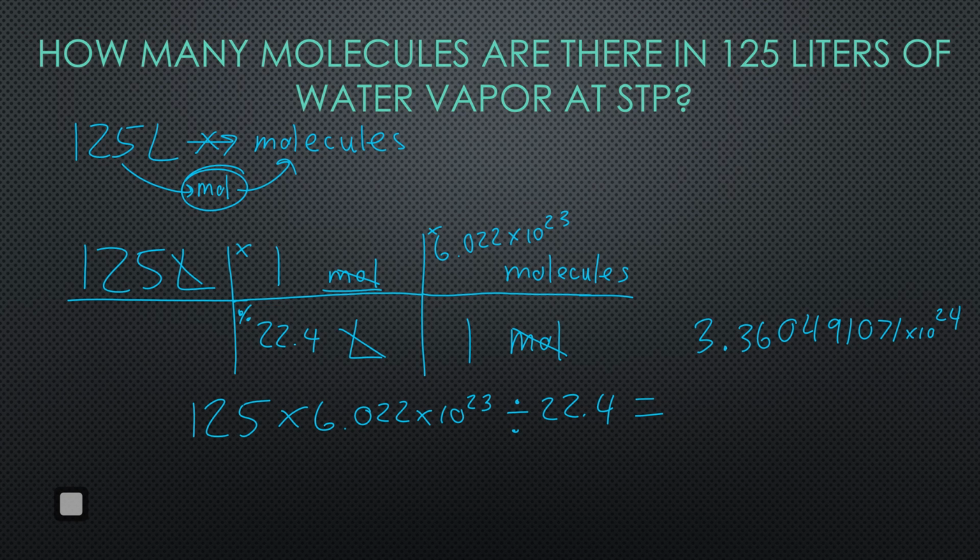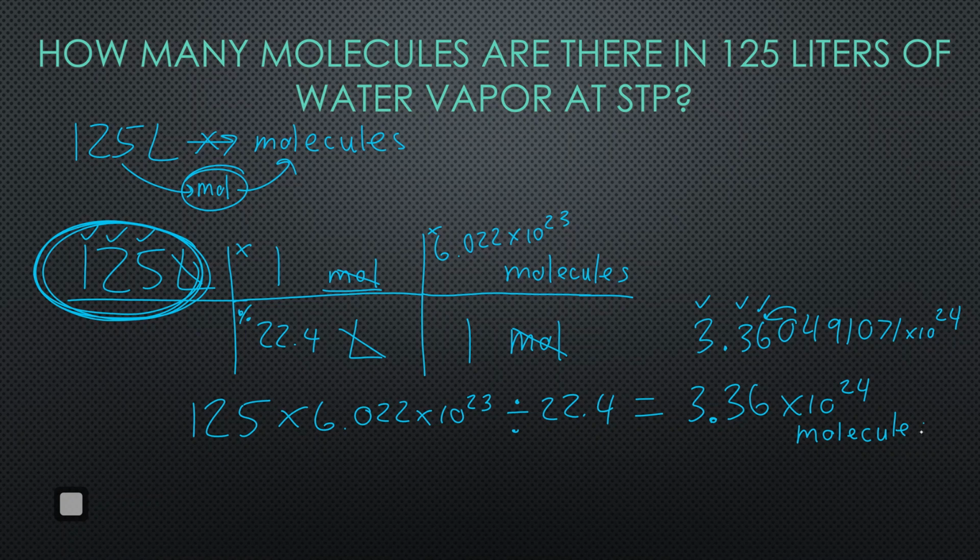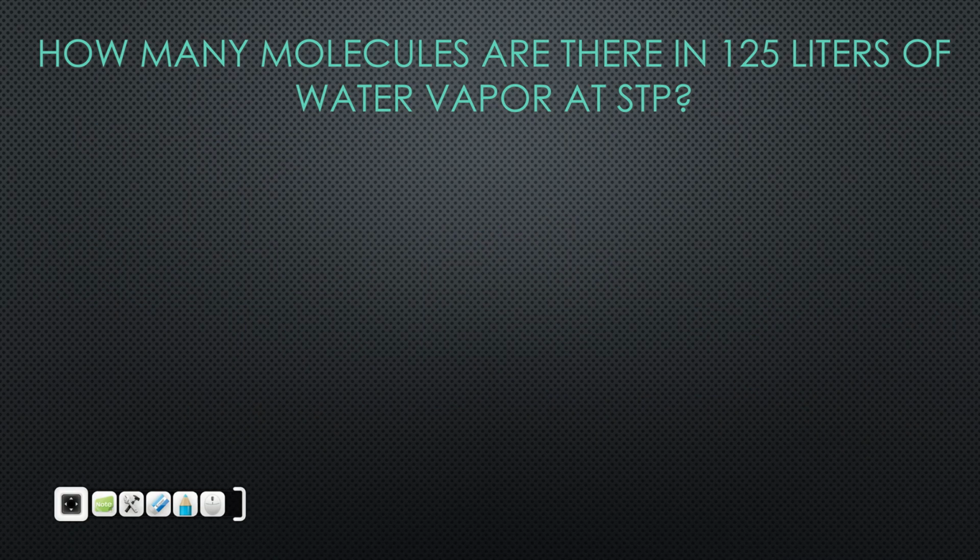All right? The thing is, I look at my original number, what you start with to figure out the sig figs, and I have 3 sig figs. So I'm going to keep the first 3 digits, and the 0's next to the 6, so it's not going to change. 3.36 times 10 to the 24th. Make sure you get that unit, molecules. That is that.